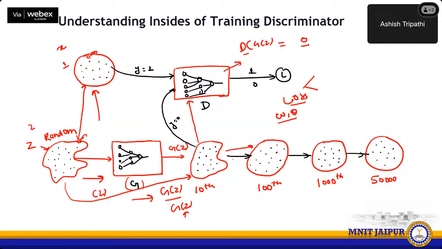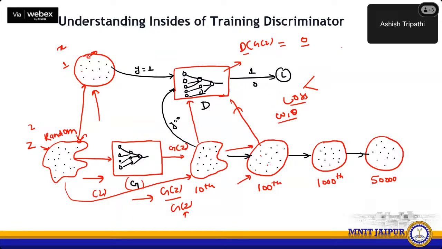After updating the weights and biases, it is going to again produce this kind of data distribution. Again, it is going to feed this data distribution to the discriminator and ask whether these images are real or fake.